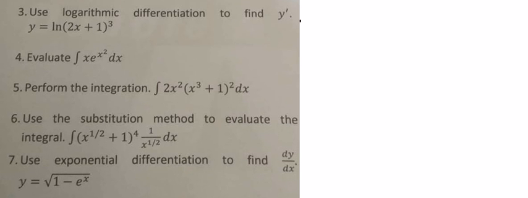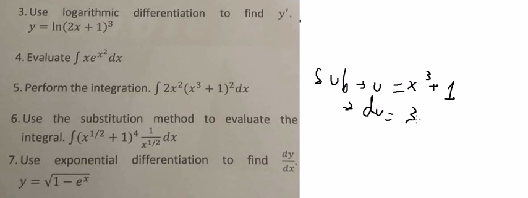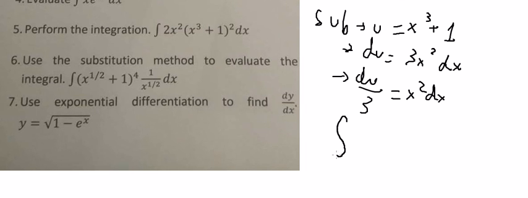The next one, we will use substitution. We put u equal to x to the power of 3 plus 1. So you get du equal to 3x squared dx. Because we don't have the number 3 in here, we divide both sides with number 3. So in this one, we change for u, and we have x squared dx, we change for du over 3.